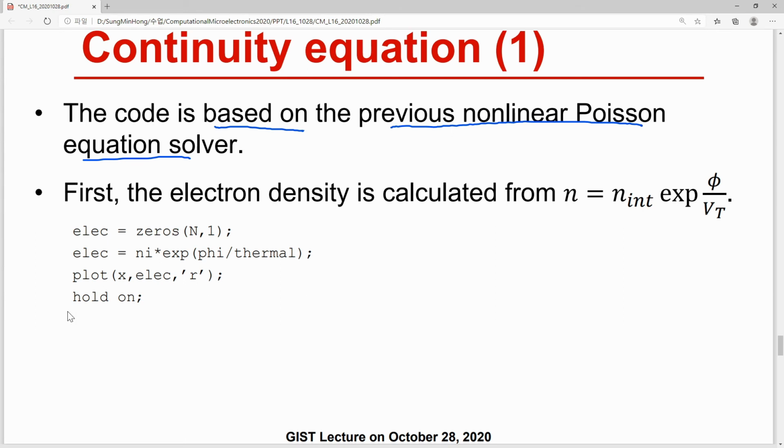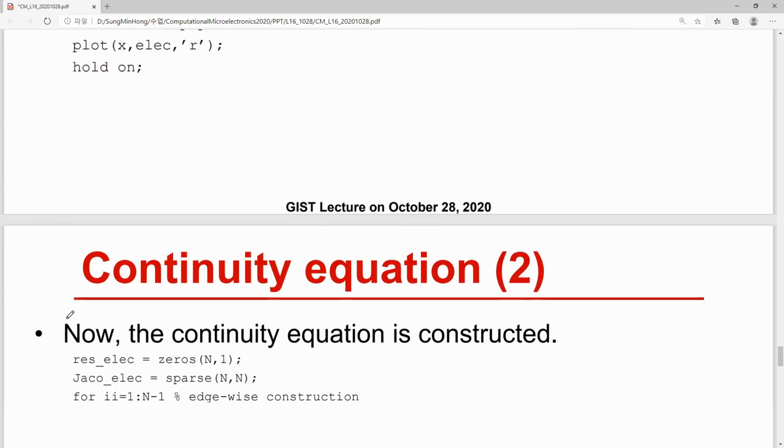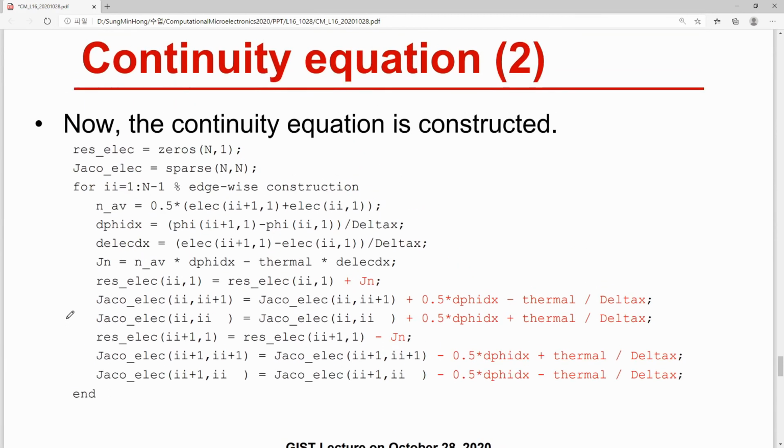These values should be used as the initial guess. Then, to solve the continuity equation, calculate the Jacobian matrix and residue vectors. You can easily do it.